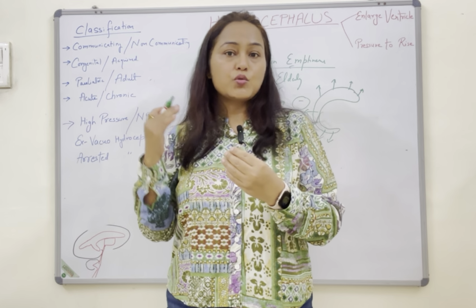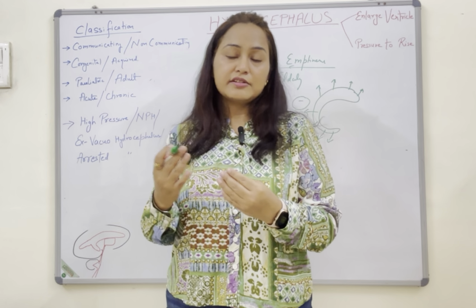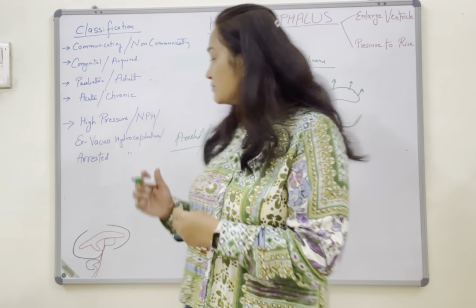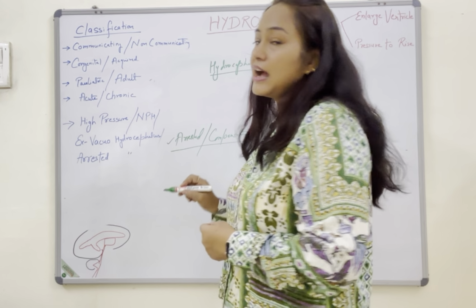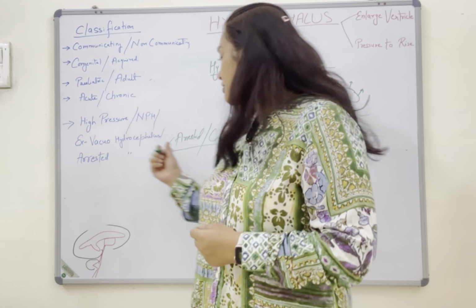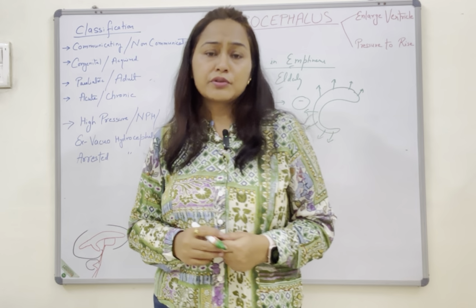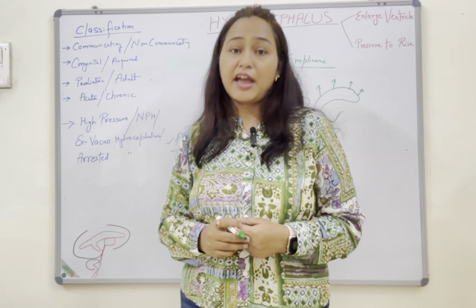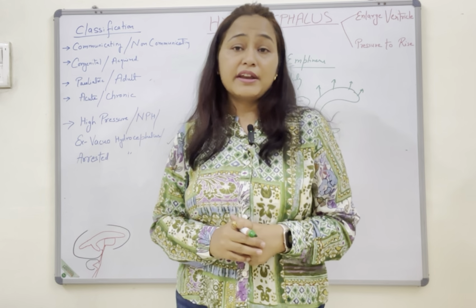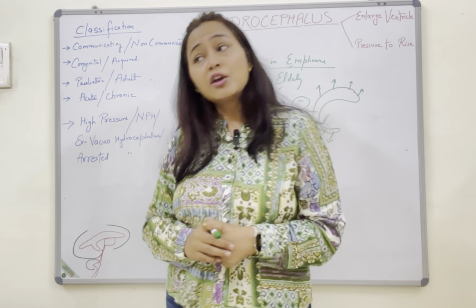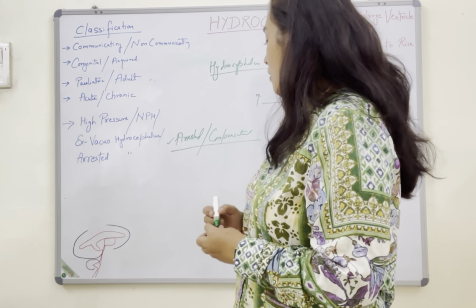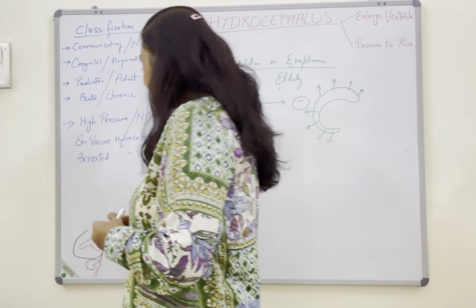It is also called normal pressure hydrocephalus because the ventricles are only dilated and there is no rise of ICP, and it may not show any sign and symptoms of hydrocephalus. It does not require any surgical intervention. Okay, so this is called arrested or compensated hydrocephalus.